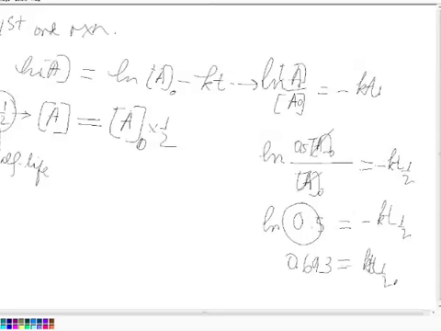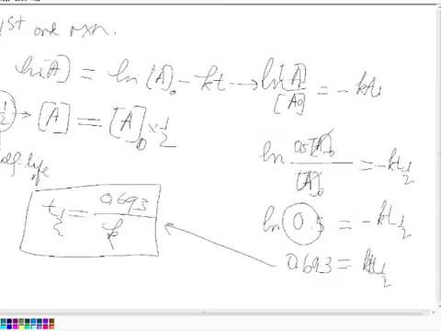From that, we get that t half equals 0.693 per K, for a first order reaction.